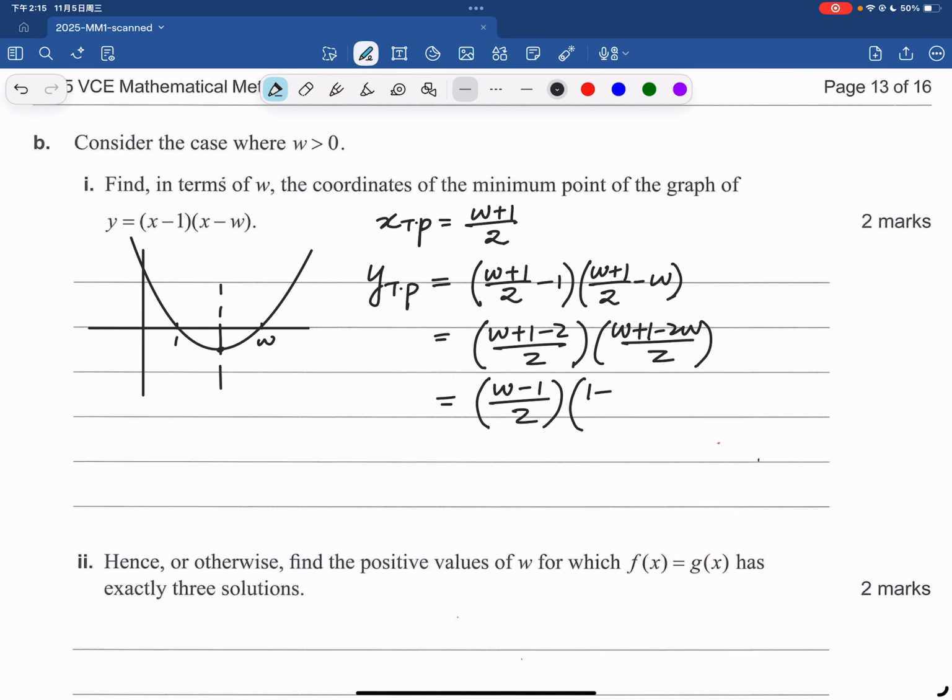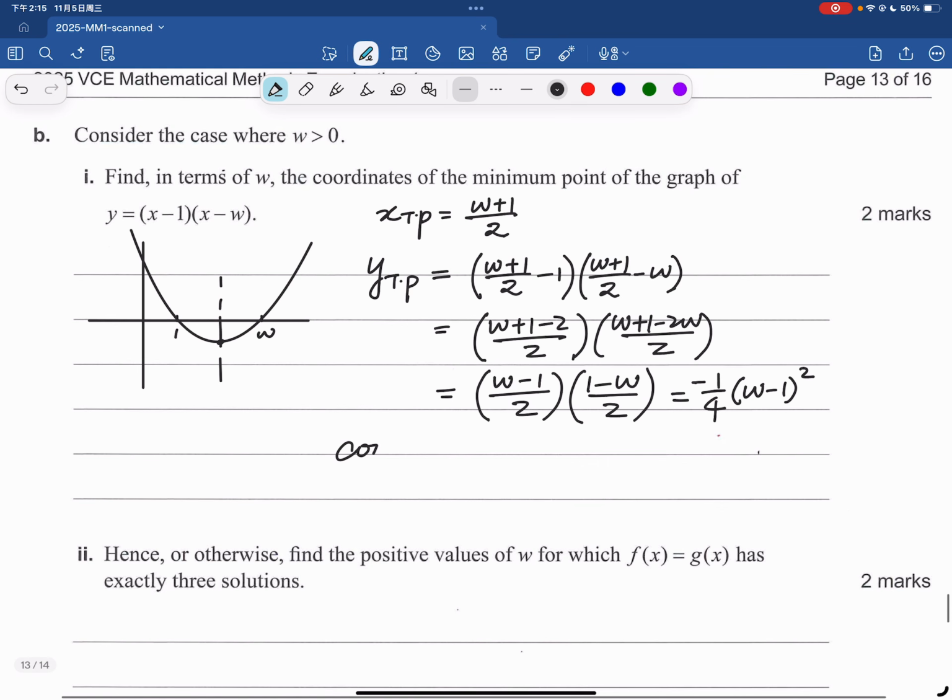This will be 1 minus w divided by 2. And let's simplify this a little bit. If we take out a negative a quarter, 2 times 2 is a quarter, you will have w minus 1 squared. Question says coordinates. We can write w plus 1 divided by 2 and a minus quarter w minus 1 squared.